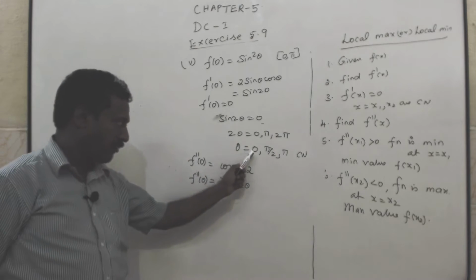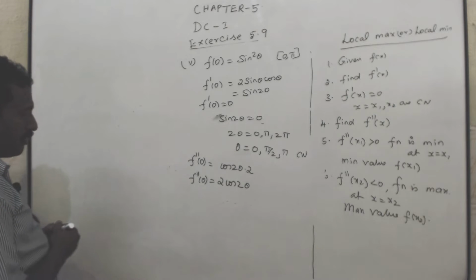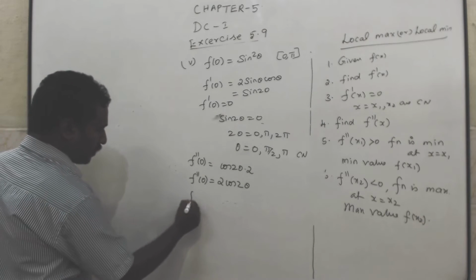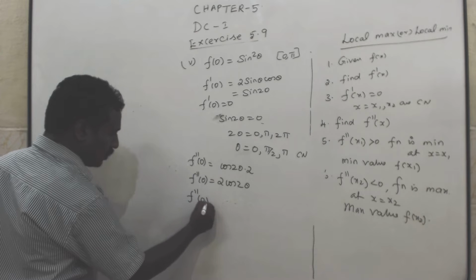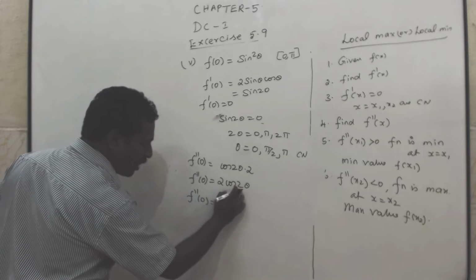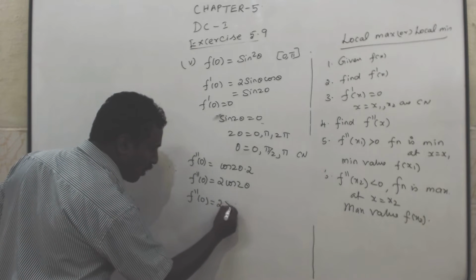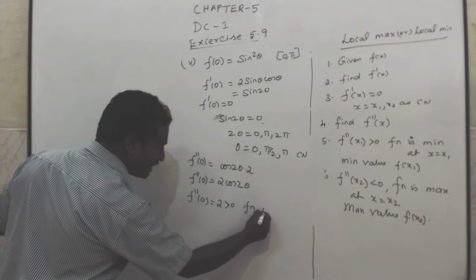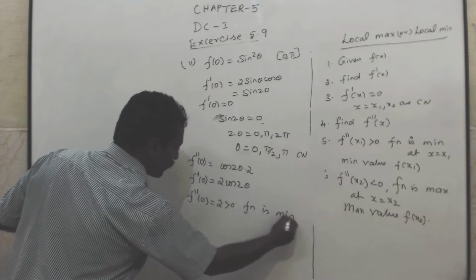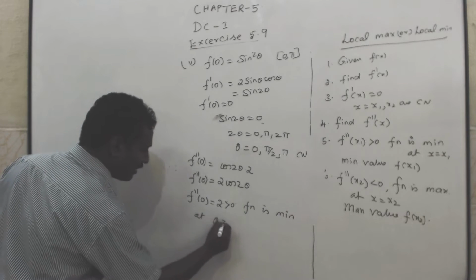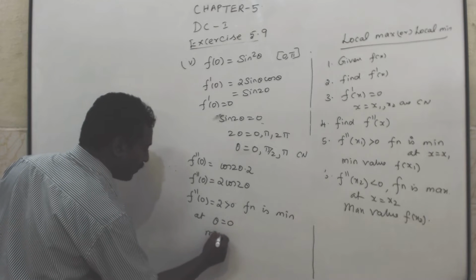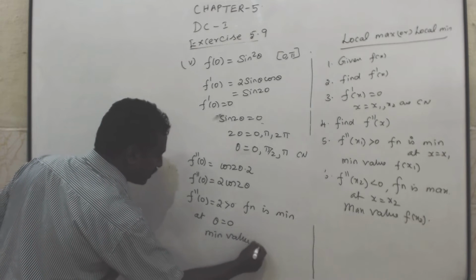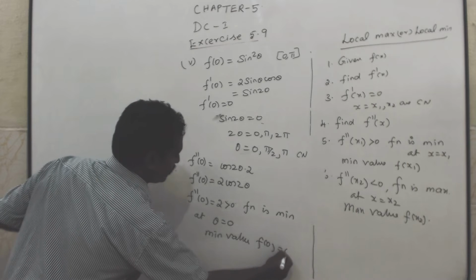First I have to verify for 0. When we substitute 0, what happened? F double dash of 0: cos 0 is 1, 1 into 2 is 2, positive, so the function is minimum at theta equal to 0, and the minimum value f of 0 is sine 0, which is 0.